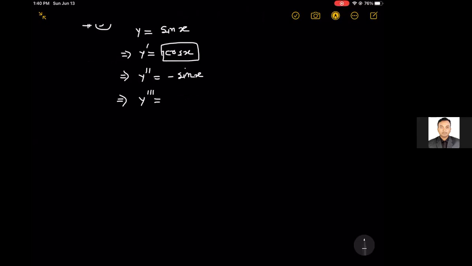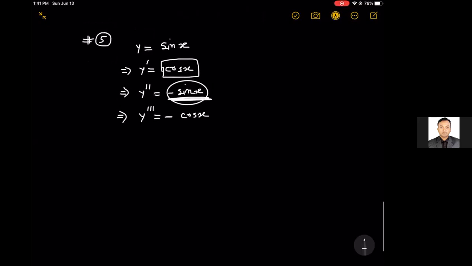That means now you want to find the derivative of the second one. Whatever you have after the second derivative, you just find the derivative of that. We can keep the negative outside, and the derivative of sine x is again cosine x. And you can keep doing it until it gives you a defined value.